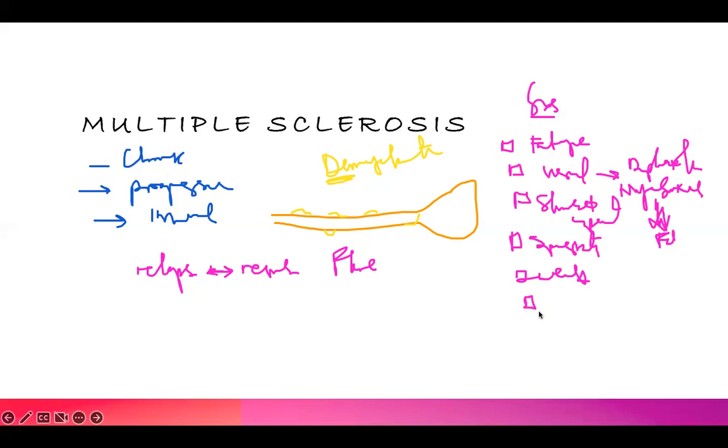And for all of them, you know what they have? Bladder and bowel symptoms. All of this, okay? I'm not worried about fatigue. I'm not worried about vision. I'm not worried about spastic. I'm not worried about weakness, bladder, and bowel.